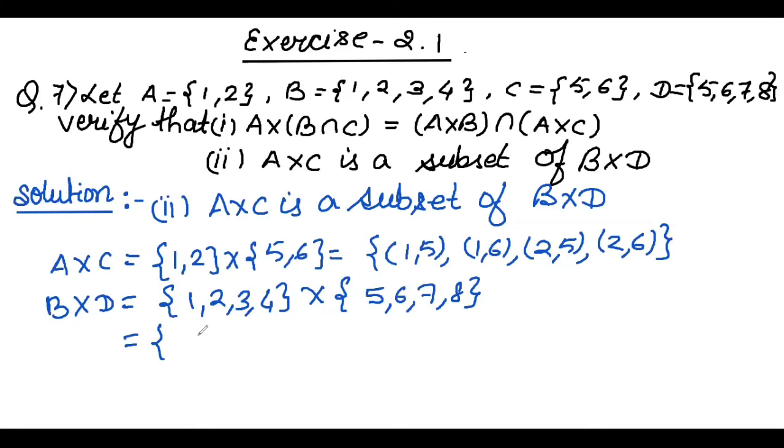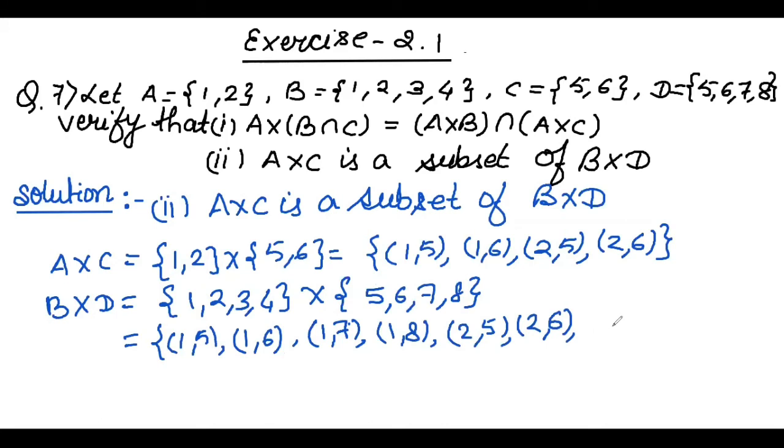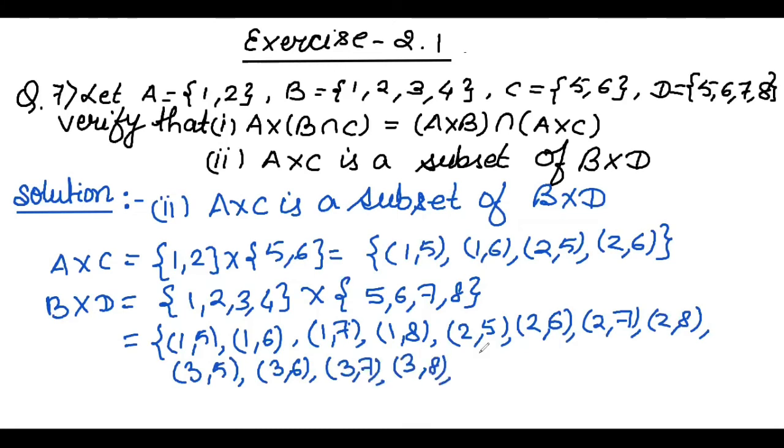So here it will be (1,5), (1,6), (1,7), (1,8), then (2,5), (2,6), (2,7), (2,8), then (3,5), (3,6), (3,7), (3,8), (4,5), (4,6), (4,7) and (4,8). So these are the elements of Cartesian product of B and D.